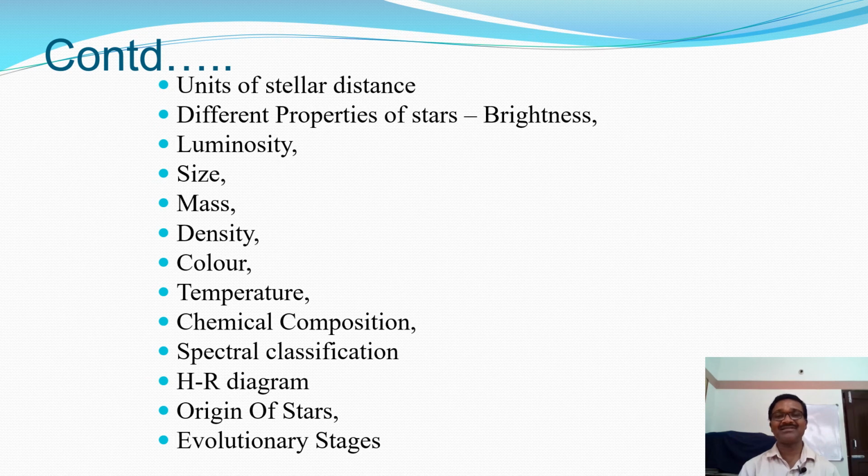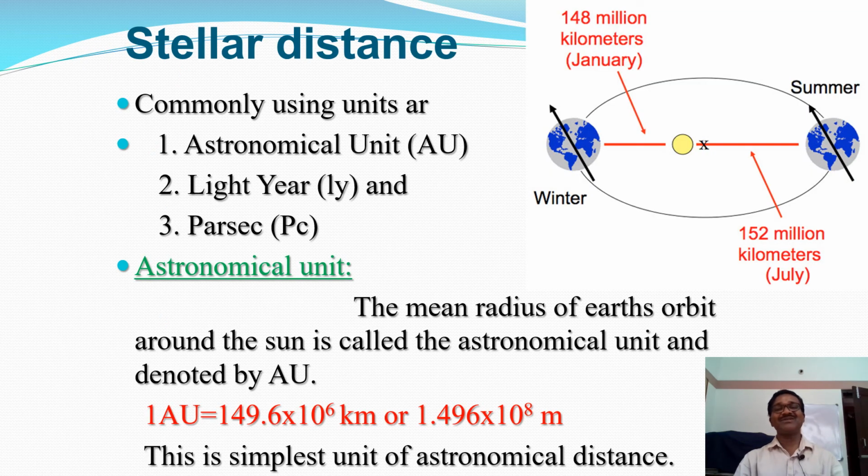We study firstly units of stellar distance and different properties of the stars: brightness, luminosity, size, mass, density, color, temperature, chemical composition, spectral classification, HR diagram, origin of the star, evolutionary stages of the stars. There are many properties we study under astrophysics by using physics phenomena. Yes, we came to our today's topic, that is stellar distance.